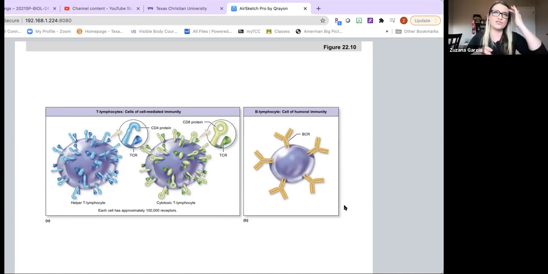They have to have it presented to them. B lymphocytes are able to attach to an antigen, and they know, okay, this is not okay, and we need to start an immune response against this. But T lymphocytes can't do that.